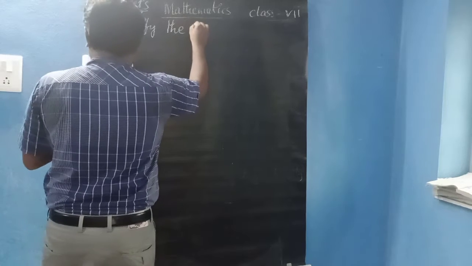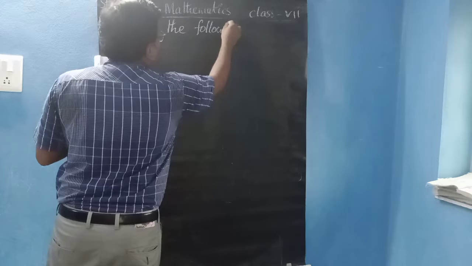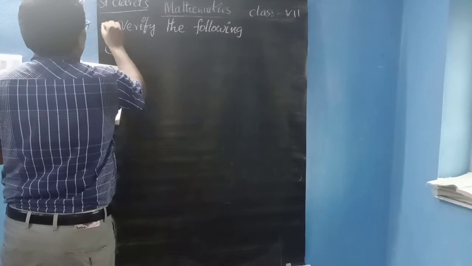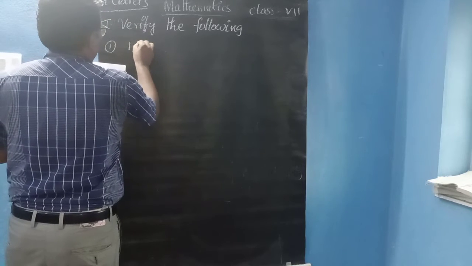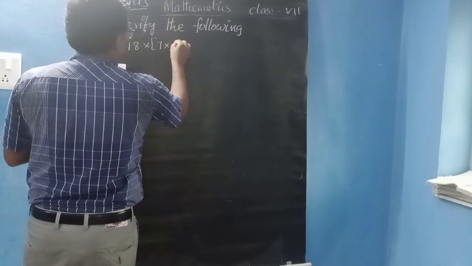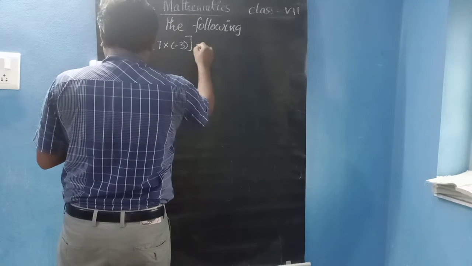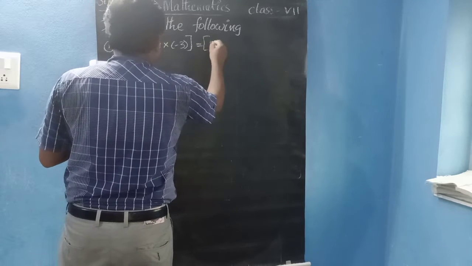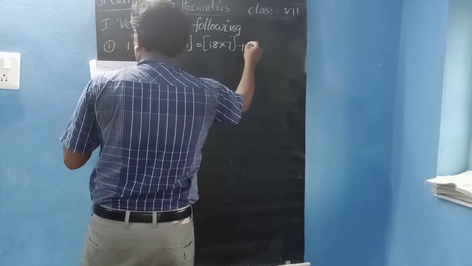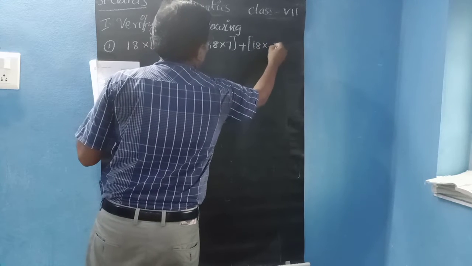Verify the following. So first question: 18 into 7 plus minus 3 is equal to 18 into 7 plus 18 into minus 3.